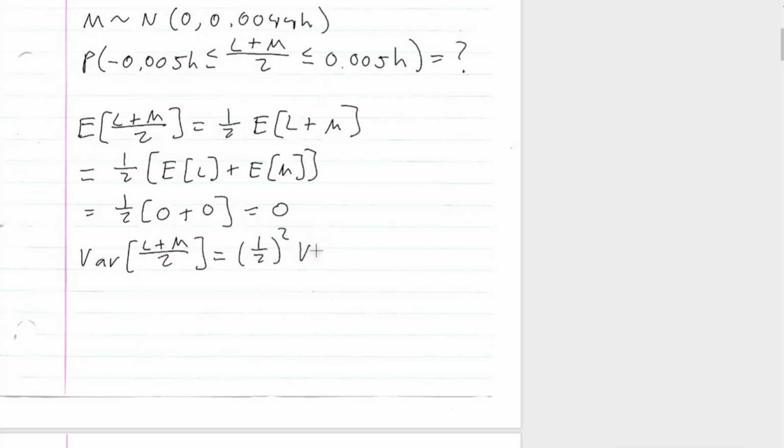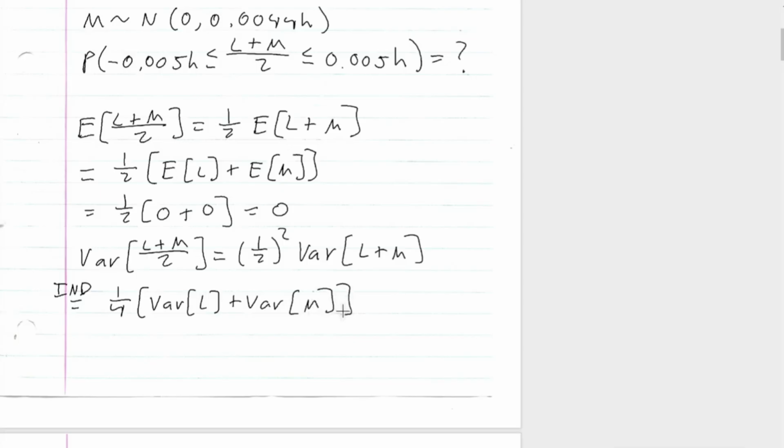So this is the variance, 1/2 squared, times the variance of L plus M. And now this is where the independence comes in handy. Since they are independent, the variance of L plus M is just the variance of L plus the variance of M. So this will be 1/4 times the variance of L plus the variance of M.